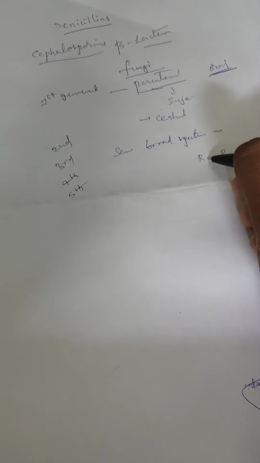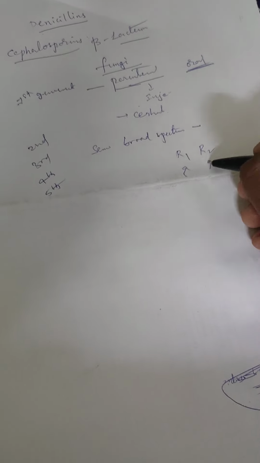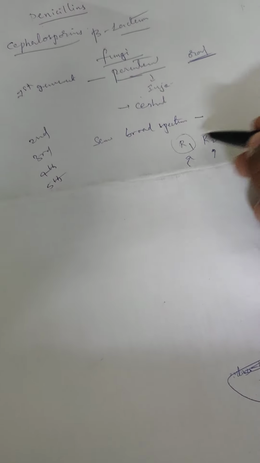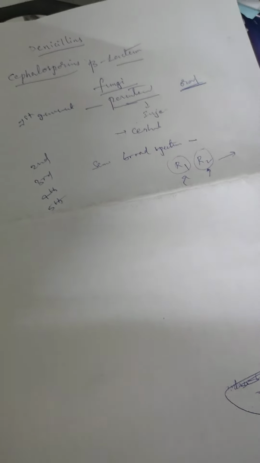Already we have discussed this nucleus, which contains R1 and R2 side chains. If you add different chemical functional groups to these R1 and R2 side chains, they will produce different types of cephalosporins, especially semi-synthetic broad spectrum cephalosporins.